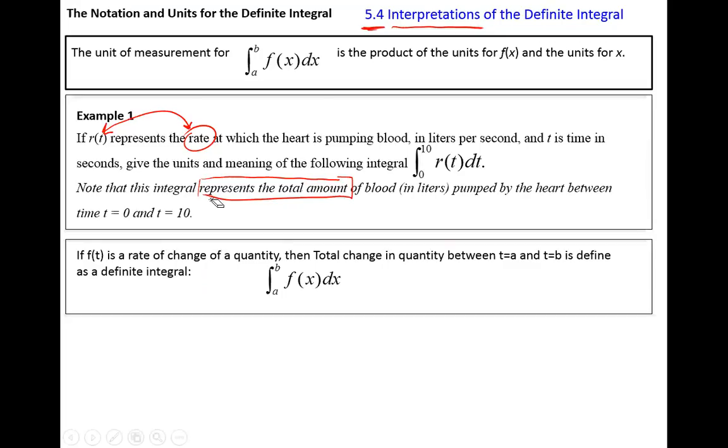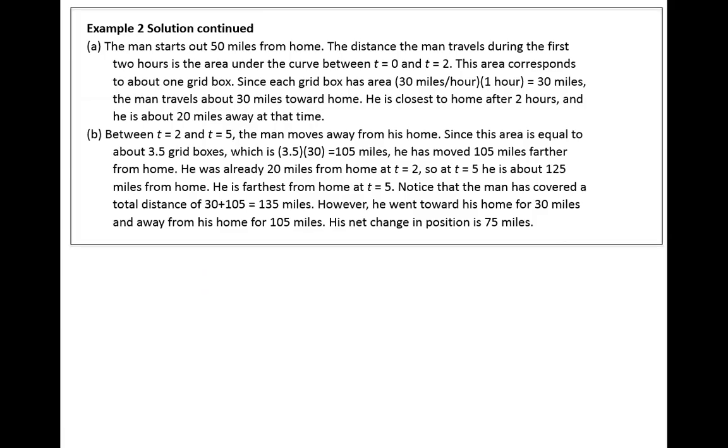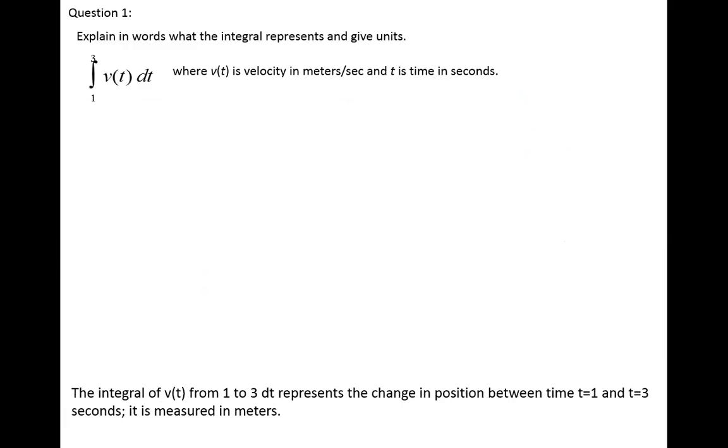Please remember, overall, if the function provided is the rate of change of a quantity, then the integral will be the total change in quantity between a and b. Total change. Okay, now we have a definite integral from 1 to 3 of V of t dt, where V of t is the velocity in meters per second.